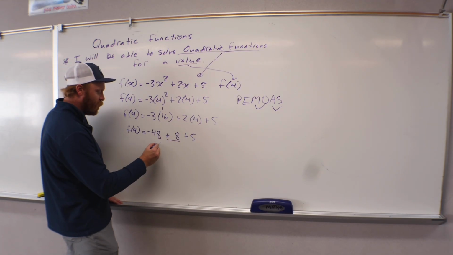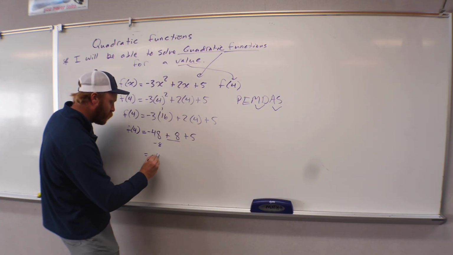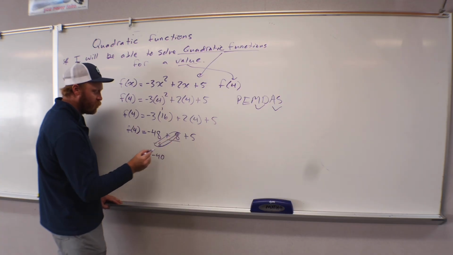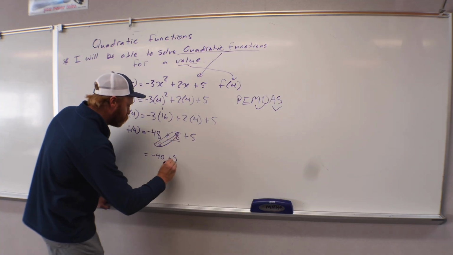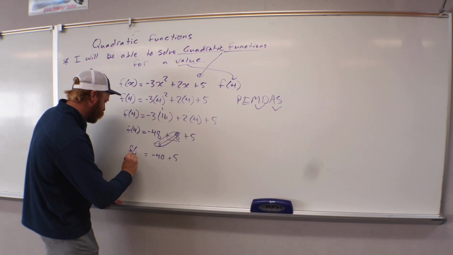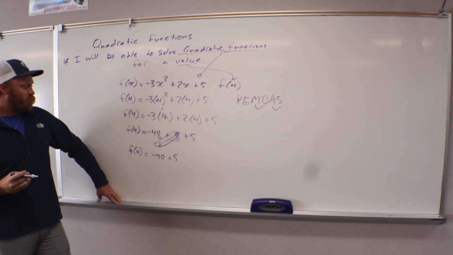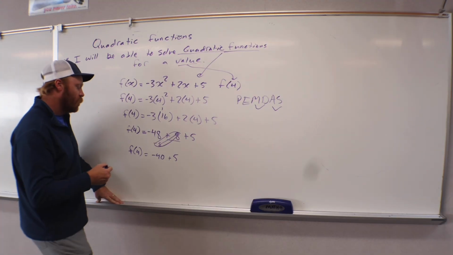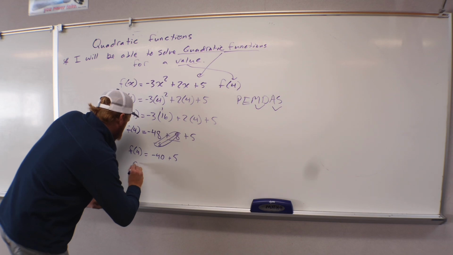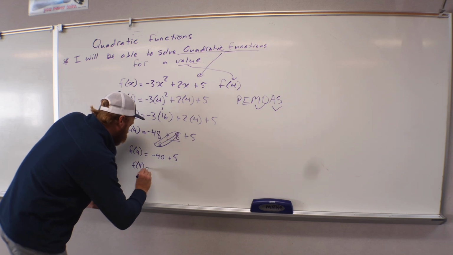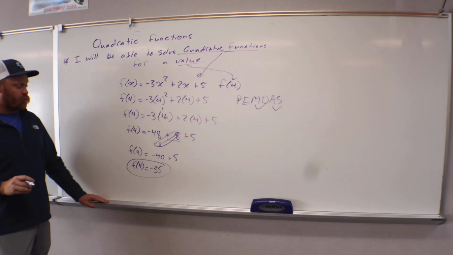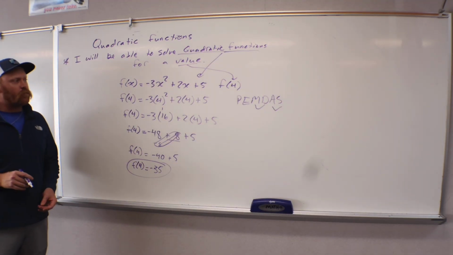If I took my negative 8, I would have negative 40 left, and my negative 8 and positive 8 would sum to 0. Again, just a different way of thinking about that might help you out. All right, negative 40 plus 5, f of 4 is going to equal negative 35 for the final answer. Okay, that's a fairly simple one.